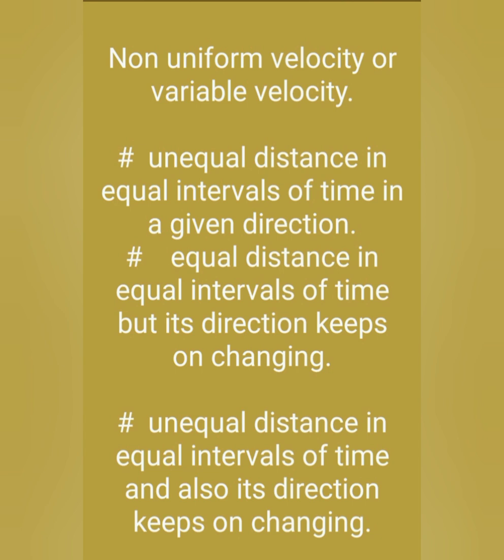In the first case, distance is unequal but time interval and direction are the same. In the second, equal distance and equal time interval but direction changing. And the third one, unequal distance and equal time interval and direction also changing. These are variable velocity or non-uniform velocity.